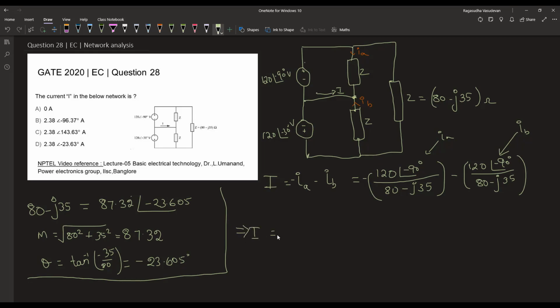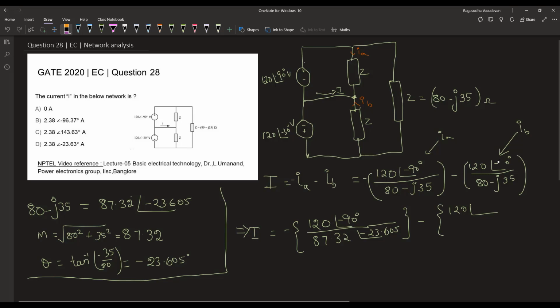This implies that I equals minus of 120 angle minus 90 degrees divided by 87.32 angle minus 23.605 degrees, minus of 120 angle minus 30 degrees divided by 87.32 angle minus 23.605 degrees.